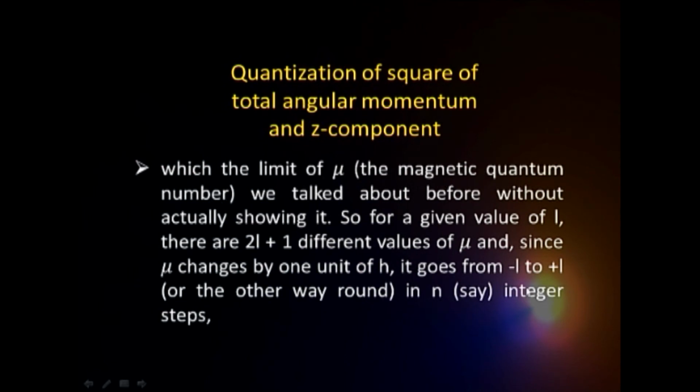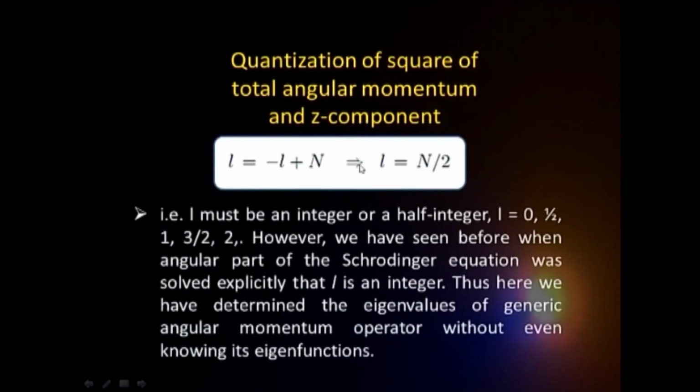We have not mentioned what mu is, but it is the magnetic quantum number, and it is going to change by 1 unit from minus L to plus L. And there will be integer values, just l equal to minus L plus n, where n can be half.